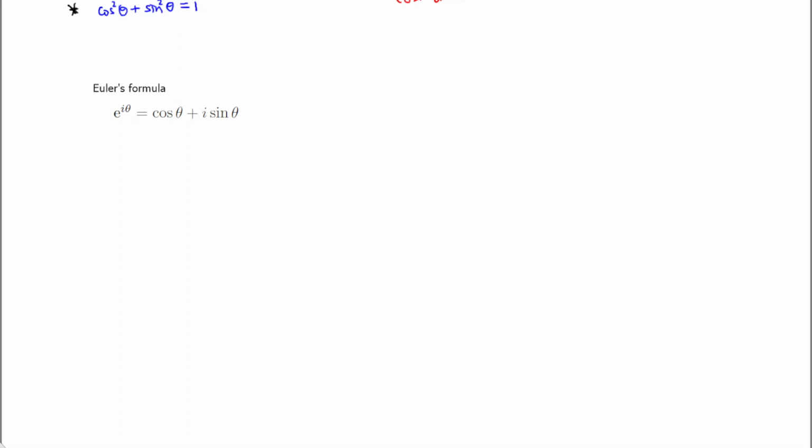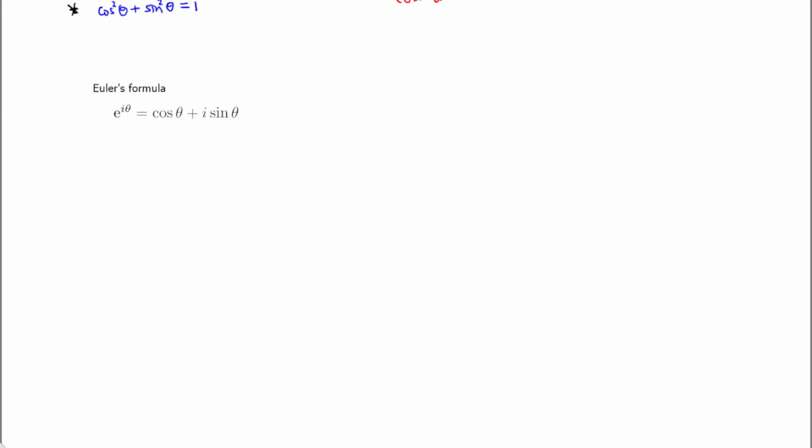The i here is what we call the imaginary unit. i squared equals -1. So e, the base of the natural logs, e to the i theta equals cosine theta plus i sine theta.